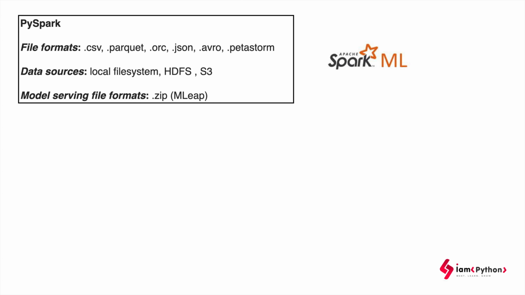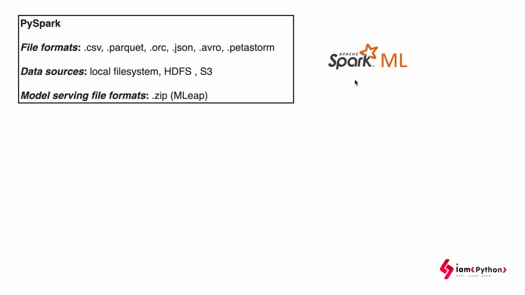So coming to the point here, for example, if you're using Spark ML as your machine learning framework, the input file formats generally considered are CSV, Parquet, ORC, JSON, and Petastorm. These are the different file formats and data sources. It's basically like HDFS, which deals with big data.